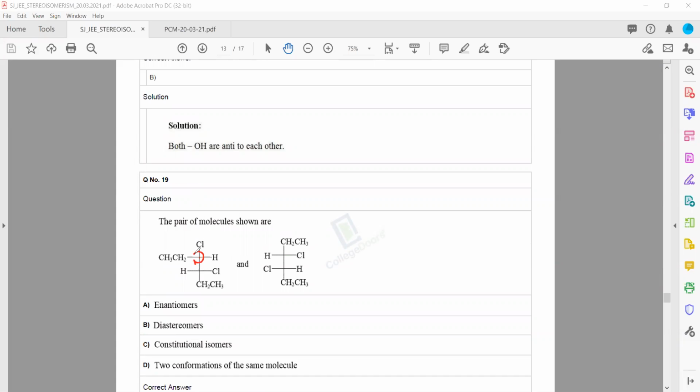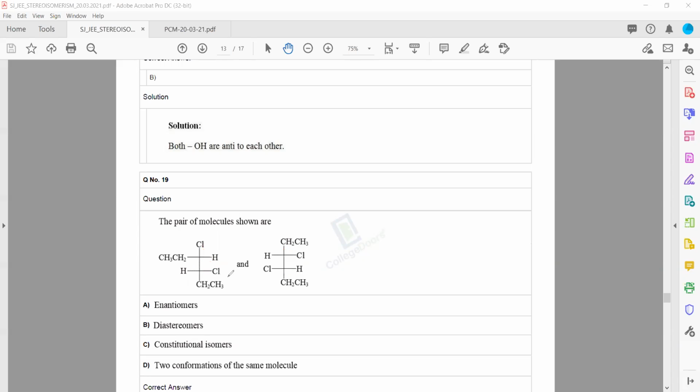Rotating clockwise, it will be S. Then chlorine, this carbon and the ethyl rotating anti-clockwise will be R. Next, chlorine, this carbon and the ethyl rotating clockwise will be S. Now the answer is diastereomer. They are diastereomers. I think this is simple. Any doubt in this part?